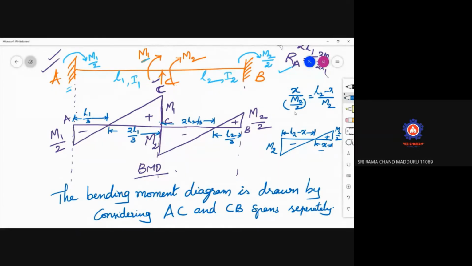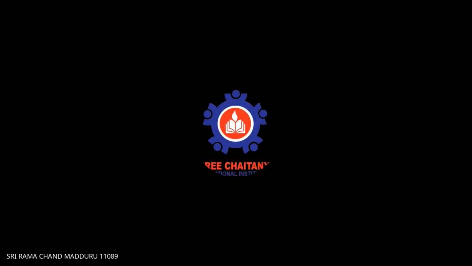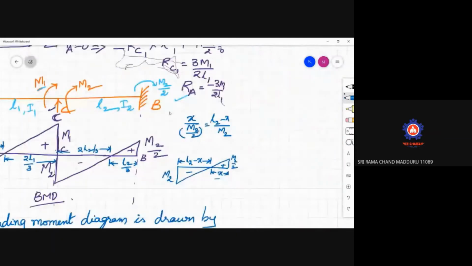I am drawing this for your reference; it need not be noted. So X by M2 by 2.